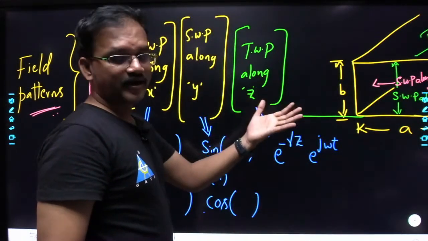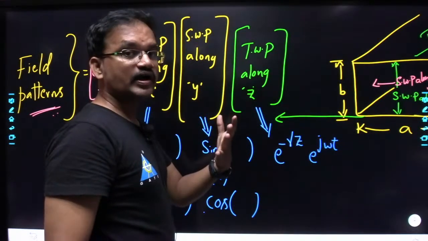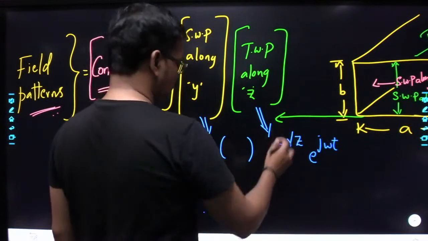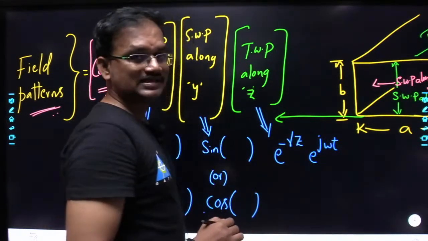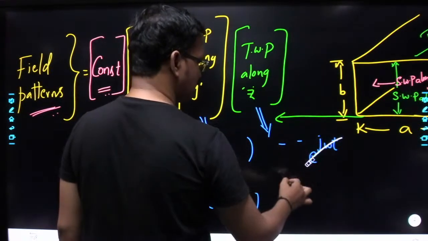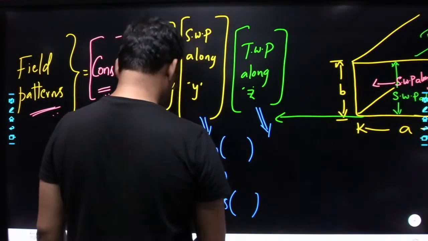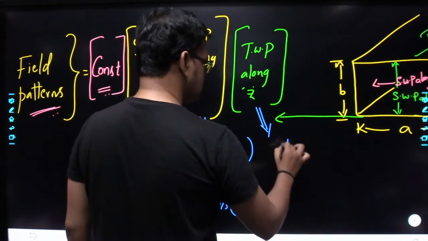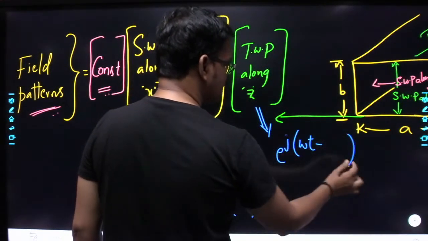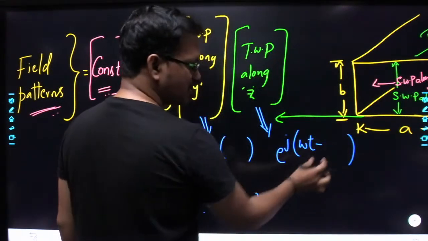Since we are treating the waveguide as lossless, alpha will be equal to 0. In place of gamma, you can replace j beta. If you simplify this, you can write it as e power j of omega t minus the change in phase along z.